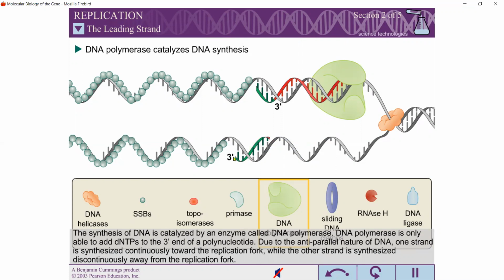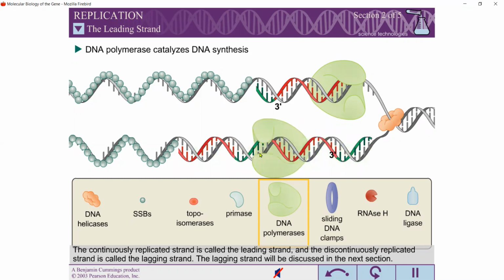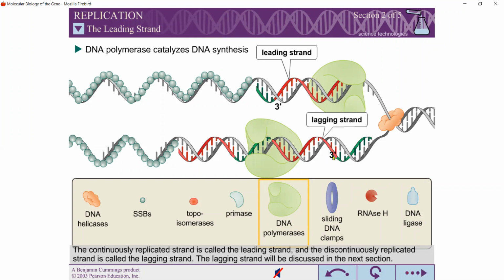Since this 3' end is facing the opposite direction, you can see this strand is not synthesized continuously. It's broken and synthesized in pieces. It takes time. This works a bit faster than this one. Hence, this is the lagging strand. This lagging strand is discontinuously synthesized. So this is how we get the concept of the leading strand and the lagging strand.